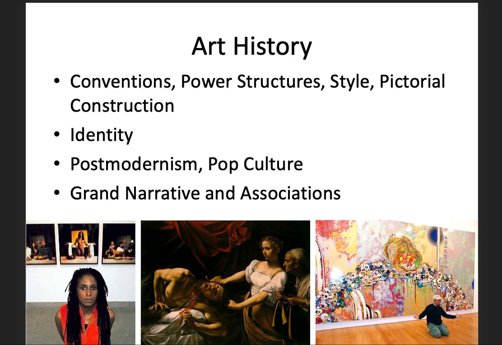Those will be inherited power structures. You will see Western European painting about colonialism as a heroic feat, right? And certain styles will be a part of those conventions as well. Realism, naturalism, neoclassicism might be in there. And then the pictorial construction.